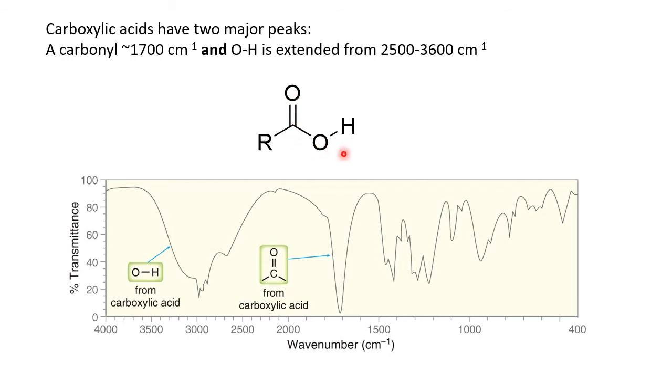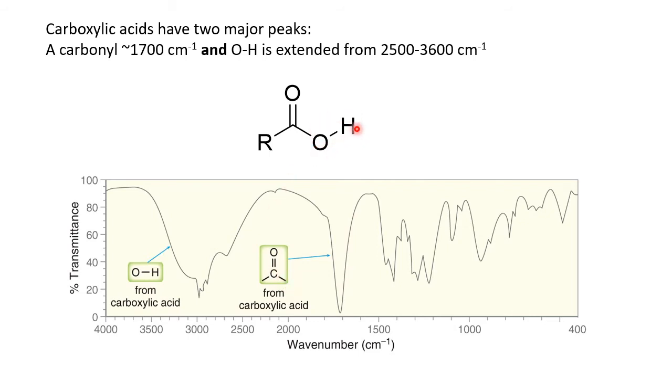So remember that IR looks at bonds, and by looking at the bonds, it helps us determine functional groups. So for carboxylic acids, we expect to see a C double bond O represented at around 1700. And we see this strong peak at around 1700. So this strong peak here is representing our carbonyl from the carboxylic acid.